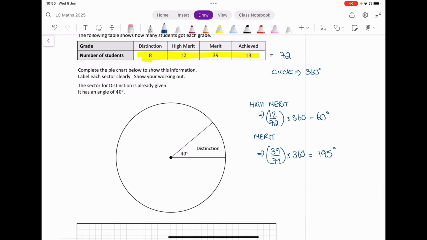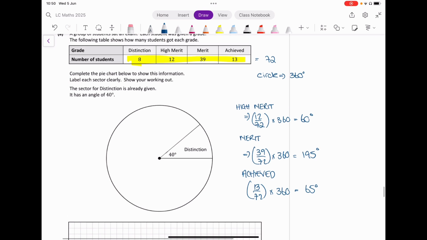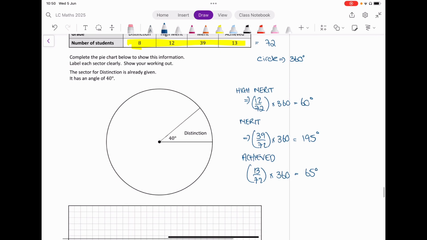And then the achieved, using the exact same method, it is 13 over 72, and you multiply that by 360, and that is going to give you 65 degrees. And then we've got our distinction there already. Distinction is done. So if I add all of those up, 40 plus 65 plus 60 plus 195, it should end up giving me that 360. And if it doesn't, we've gone wrong somewhere.